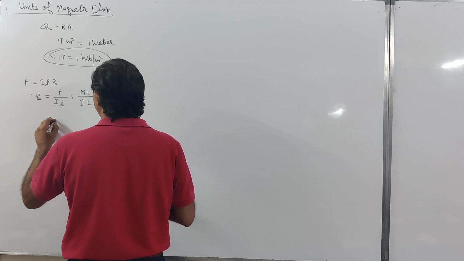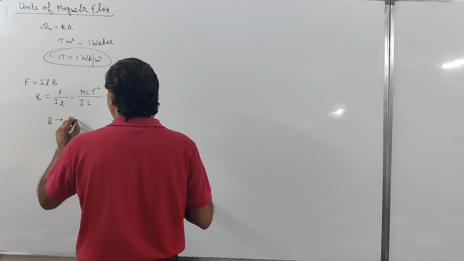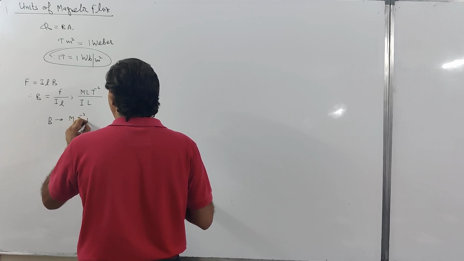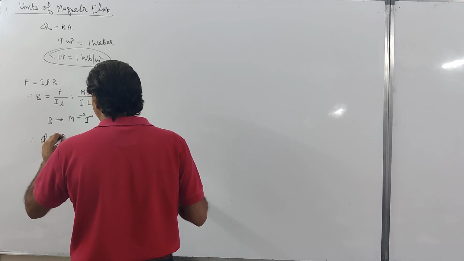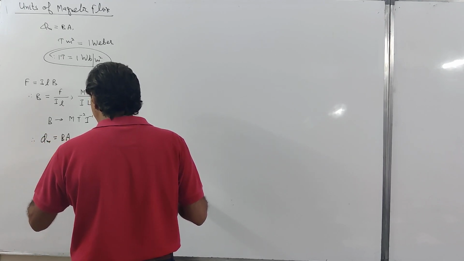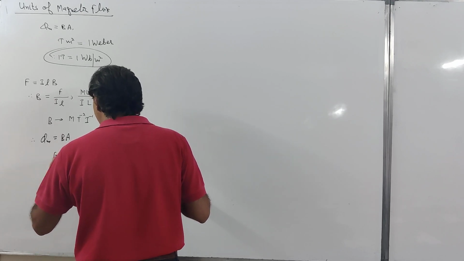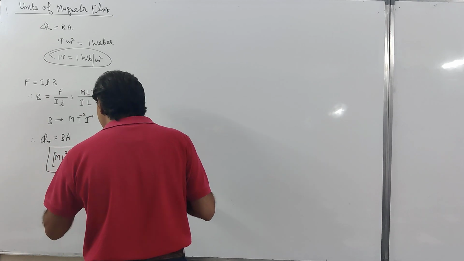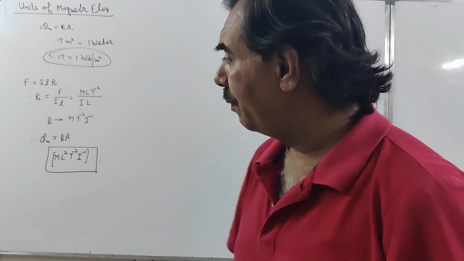So what dimension of B do we have? M T minus 2 I minus 1. Therefore, magnetic flux, which is B into A, will be ML2T minus 2I minus 1. Please see that I can make mistakes here too, so check. These are the units for magnetic flux.